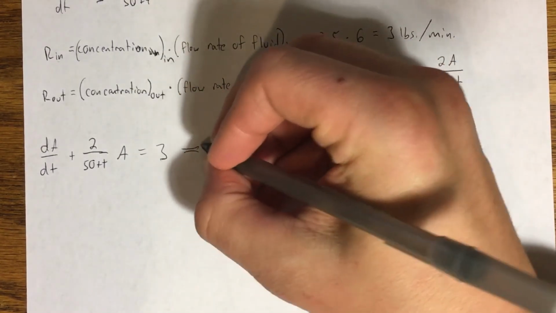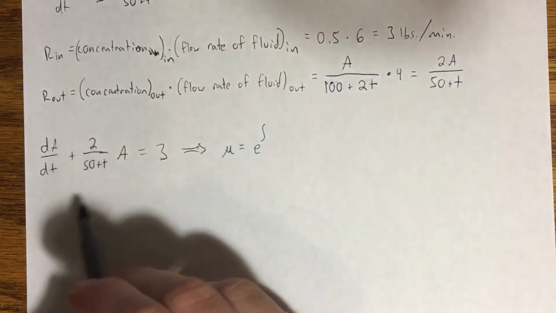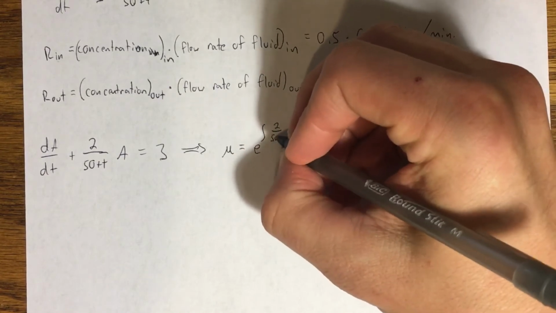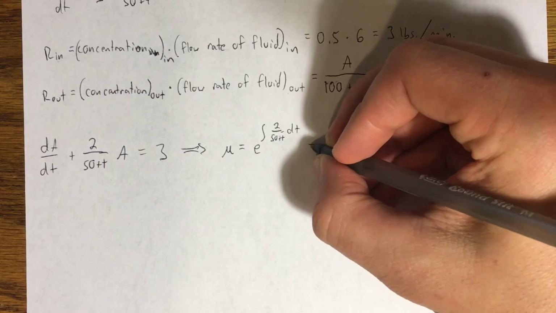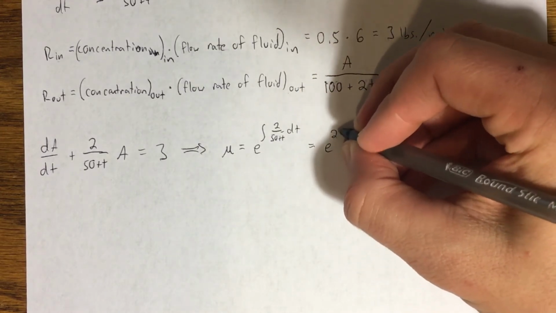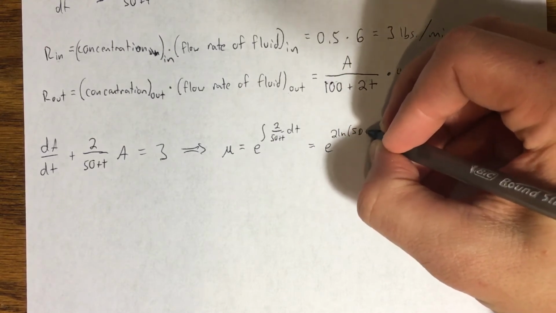So my integrating factor, which we generally call mu, is e to the integral of that function, 2 over 50 plus t dt. That's equal to e to the power of 2 times the natural log of 50 plus t.